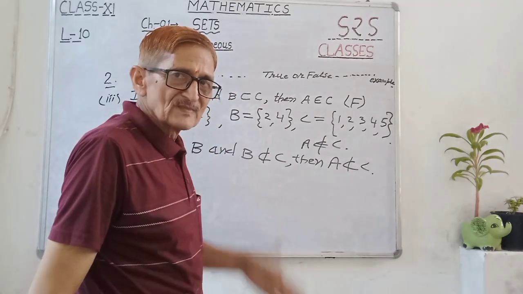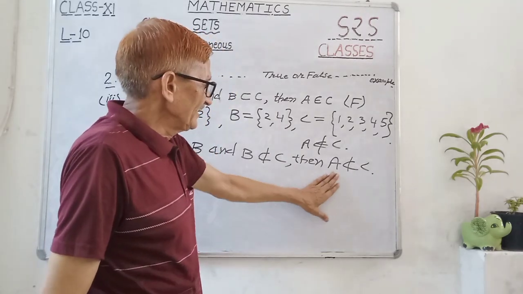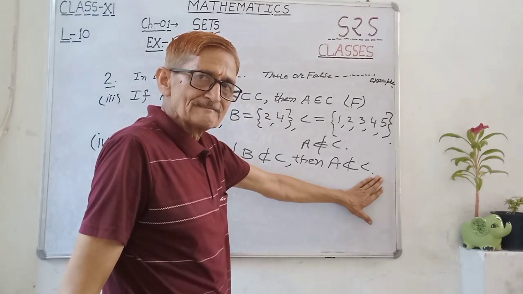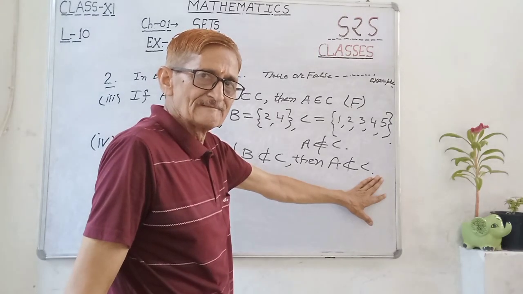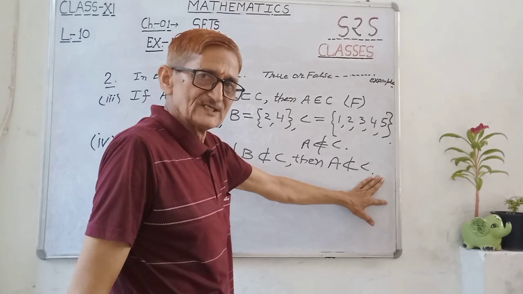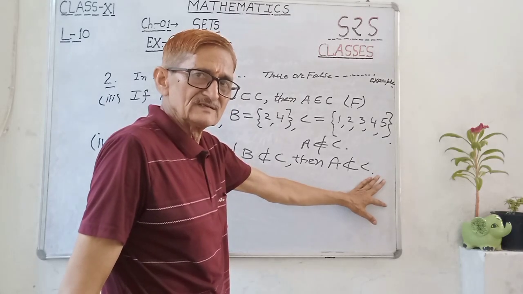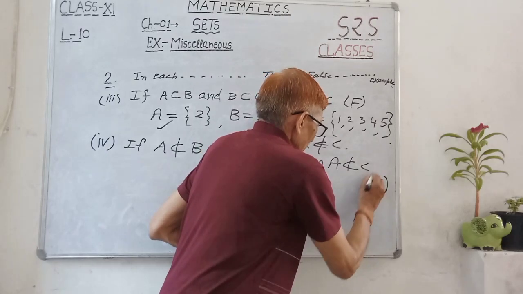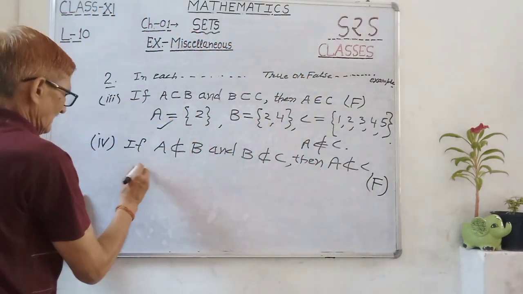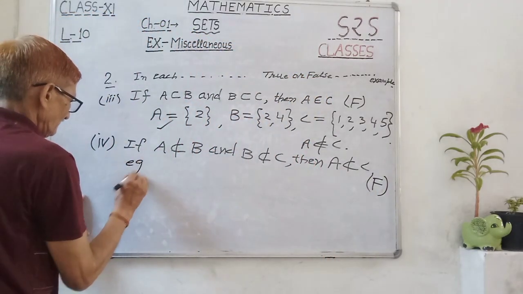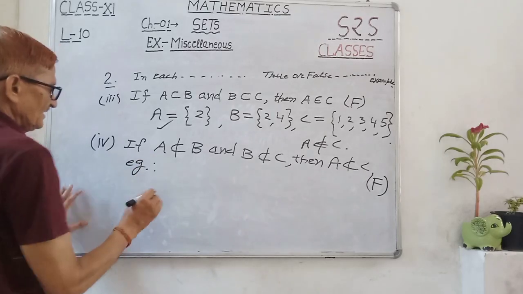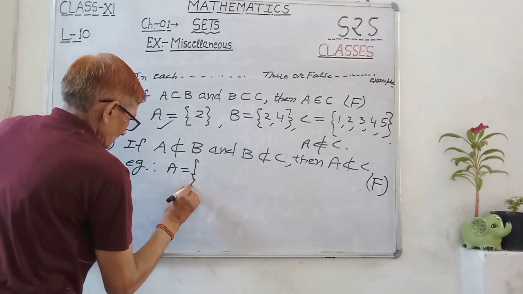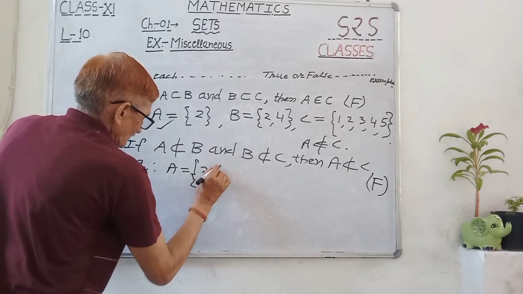Now saying that A is not the subset of C, could be. A is not the subset of C, is this true? No, this will also be false. Why? Because, example, let set A be equal to 2, 4.